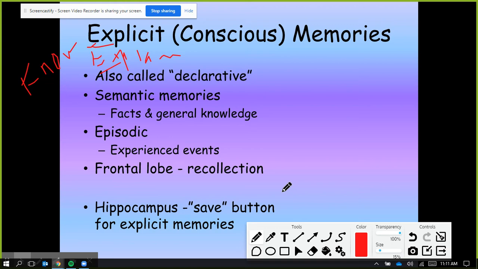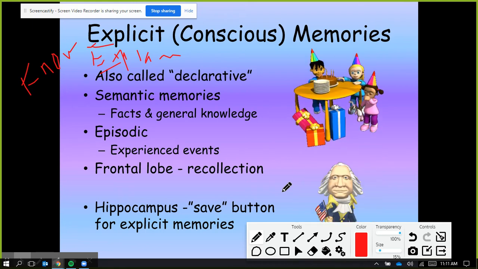Most of these memories are formed through effortful processing. And we get kind of confused about the hippocampus. We think the hippocampus is where memories are stored. Memories are not actually stored in the hippocampus.